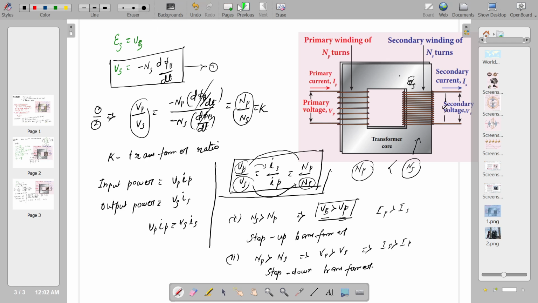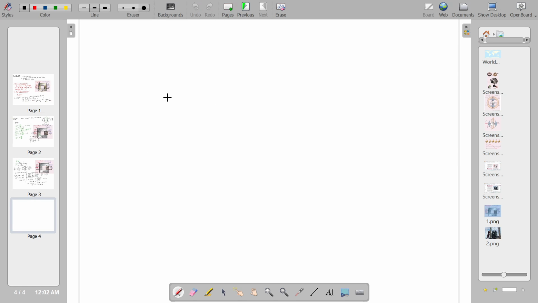Then one more thing we want to know is how to calculate the efficiency of the transformer. The efficiency of the transformer is defined as the ratio of the output power to the input power.